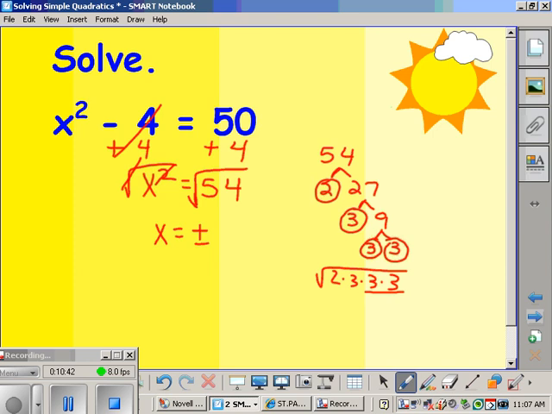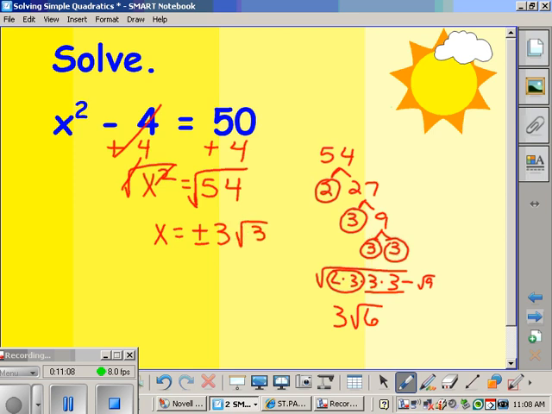Remember to underline your pairs and then circle anything that's not part of a pair. Whatever's not part of a pair, you'll multiply and keep under the radical. Whatever is part of a pair, you can think of it two ways. You can multiply them together, which would be 9, and then take its square root, and that goes on the outside. Or anything that's part of a pair, just take one of them and move it to the outside. So it'd be 3 radical 6.